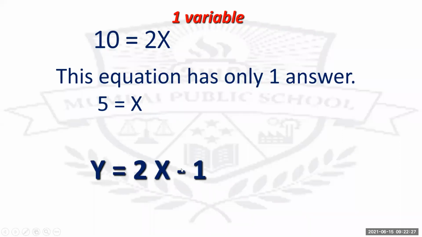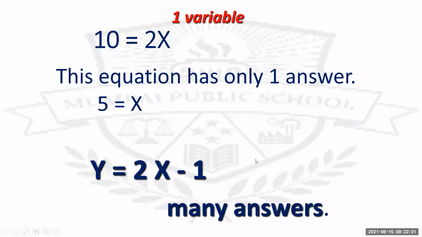Now y equals 2x minus 1. Here you will get many answers. So that is two variables. If the equation has only one answer, it is a one variable equation, and when you get many answers, it is two variables, or it can be more than that.